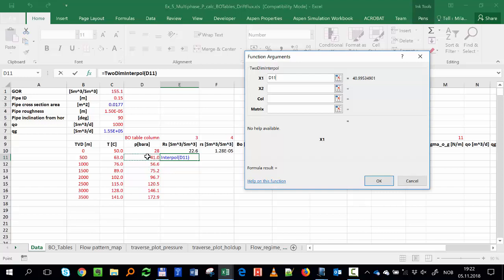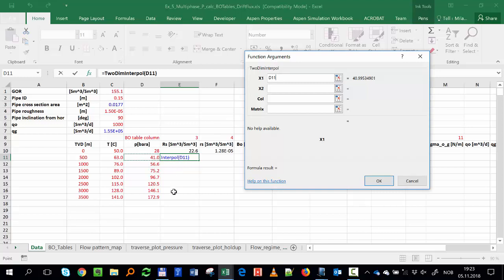Now, I want that when I drag that cell, not only down but also to the right, it will use the other properties that I have. For that, I'm going to make a trick. Pressure will always be in D, but I want the 11 to change.